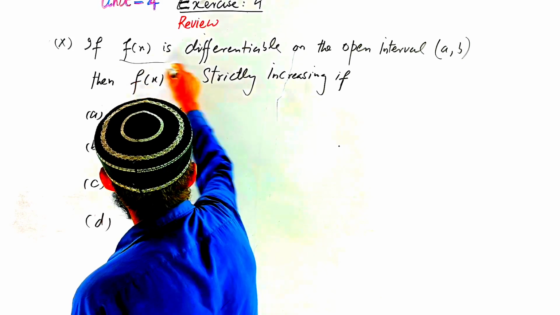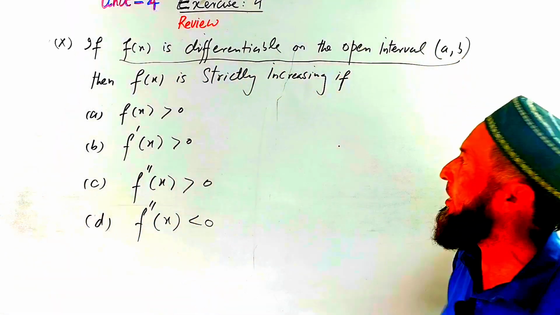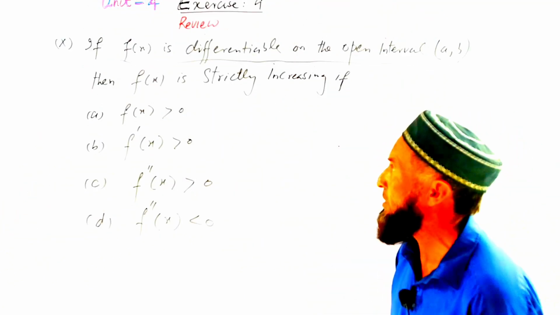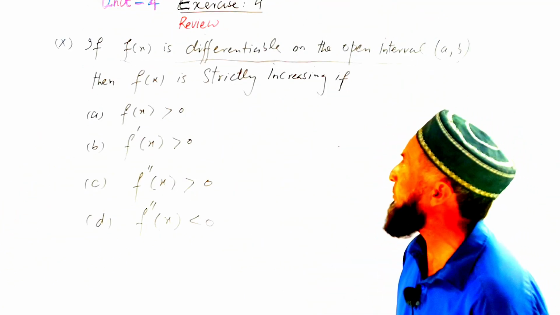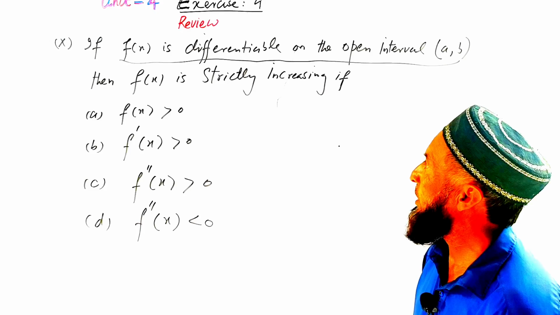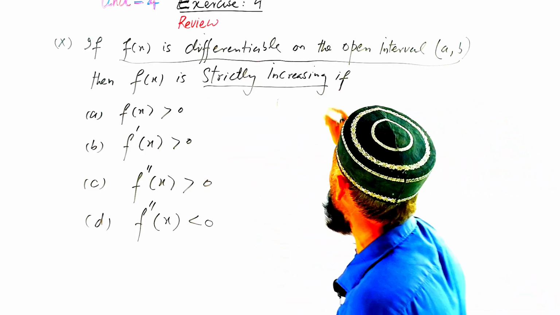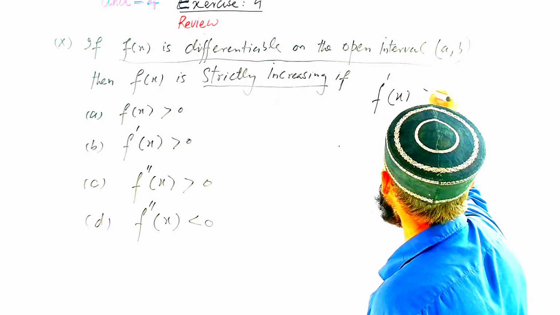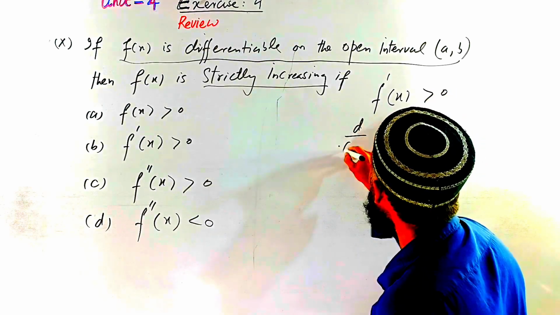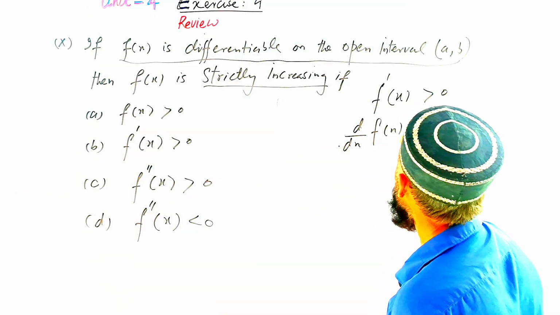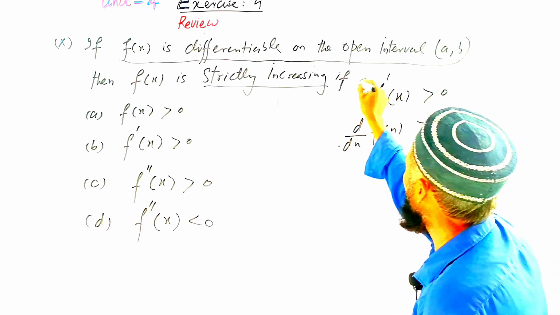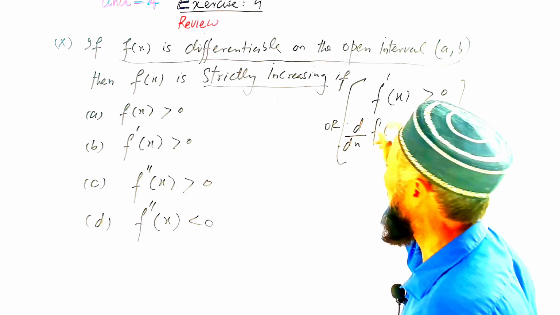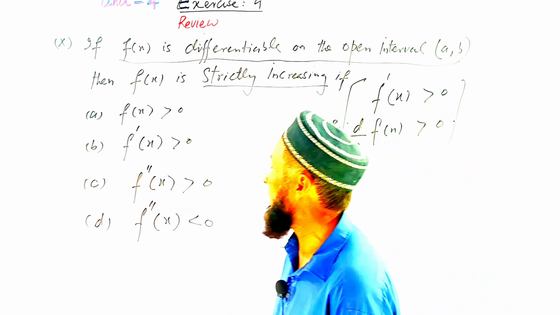F of x is differentiable on the open interval, so it means that the derivative of the function exists, and then f of x is strictly increasing. So we are using the definition: the first derivative of this function, f dash of x or dy by dx, is greater than 0. So option B is the correct option.